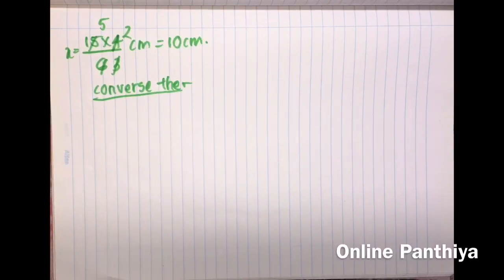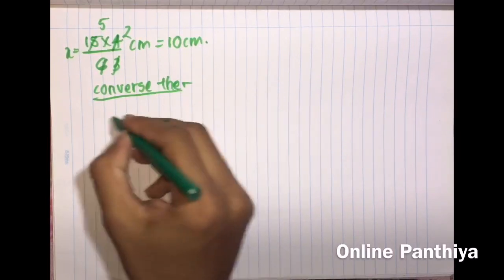Under equiangular triangles, the theorem was: if two triangles are equiangular, then the corresponding sides are in the same proportion. Their proportions are equal. Now here, we will speak about the sides first. That means if the sides are proportional, then the two triangles are equiangular. Is that clear?